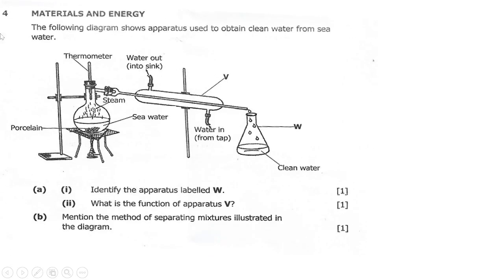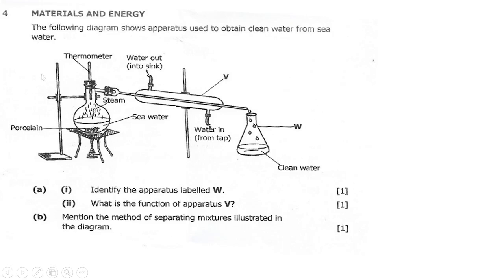We move to question 4, which is on materials and energy. The question reads, the following diagram shows apparatus used to obtain clean water from sea water. We have this apparatus arrangement here.